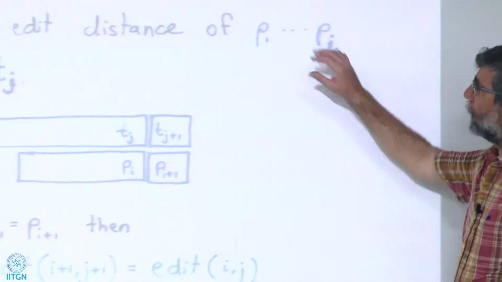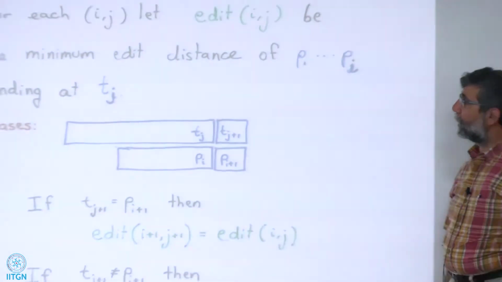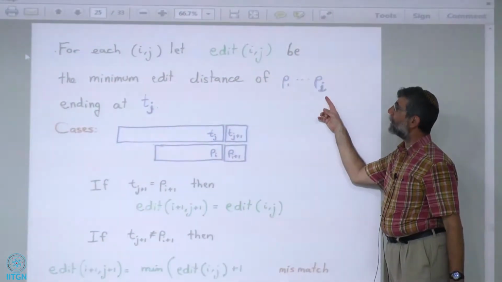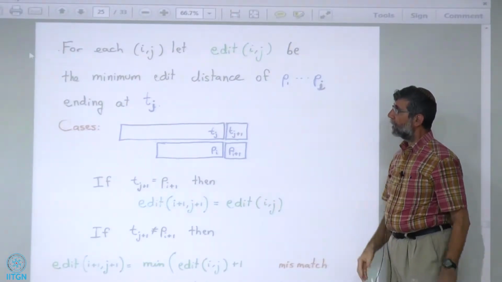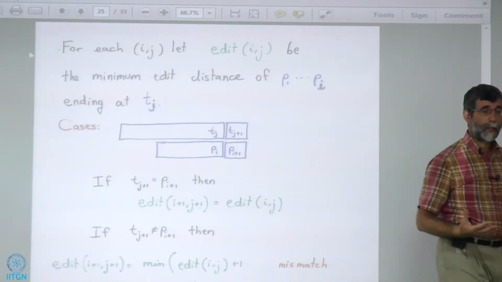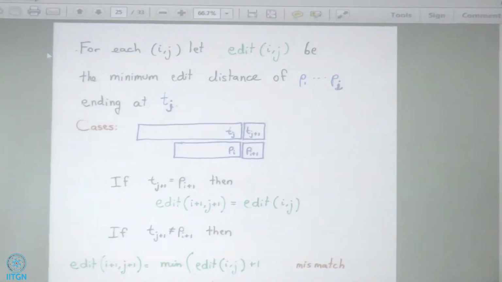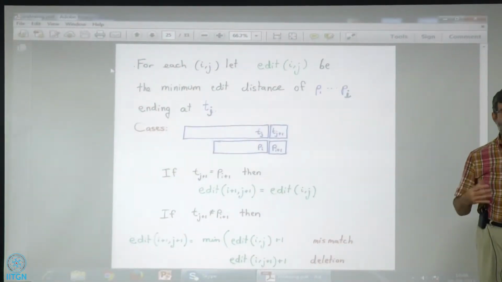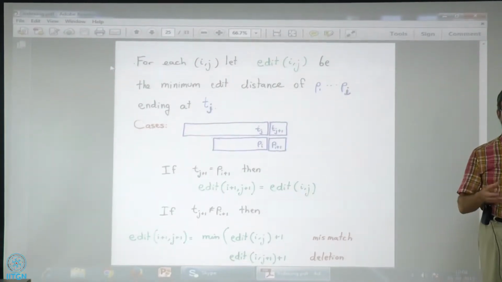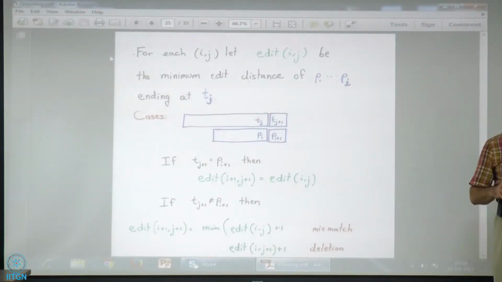So for each i and j, let edit(i,j) be the minimum edit distance of P1 to Pi ending at Tj. Okay, so as every dynamic programming algorithm does, you want to know what is the recurrence relation, as it were. I mean, what is the induction that you build on from the smaller pieces that you already did.